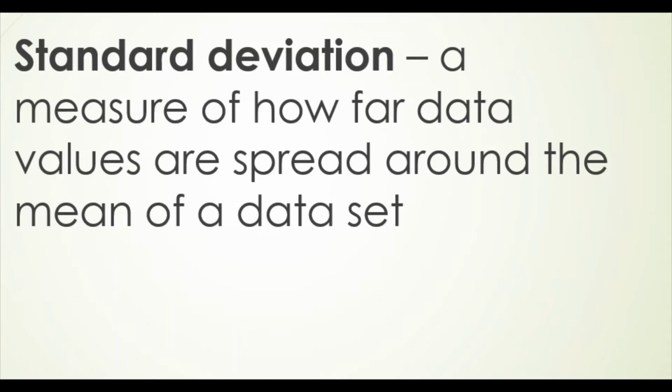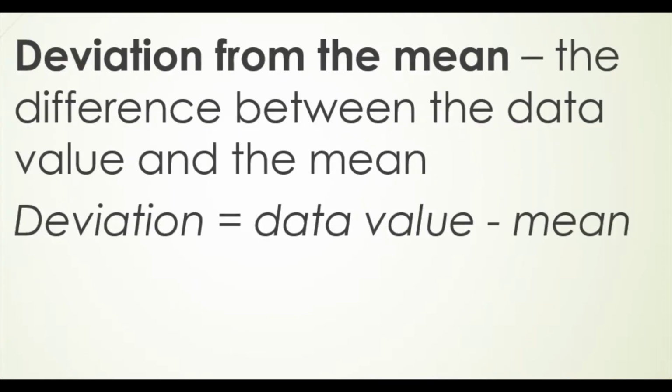Also notice that the standard deviation uses the mean as the center of the data set, whereas the 5-number summary uses the median. In order to calculate the standard deviation, we need to calculate the deviations from the mean.